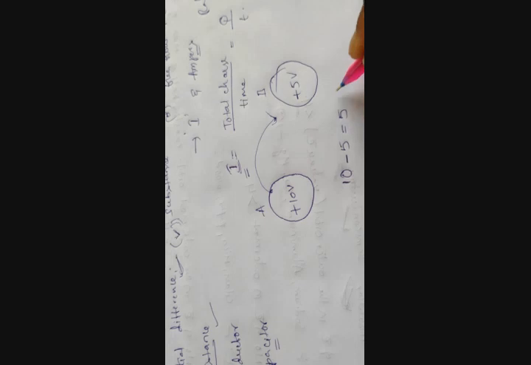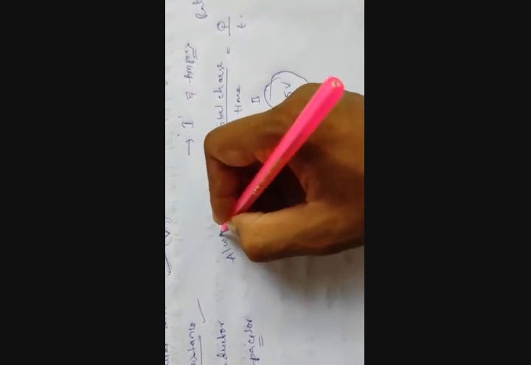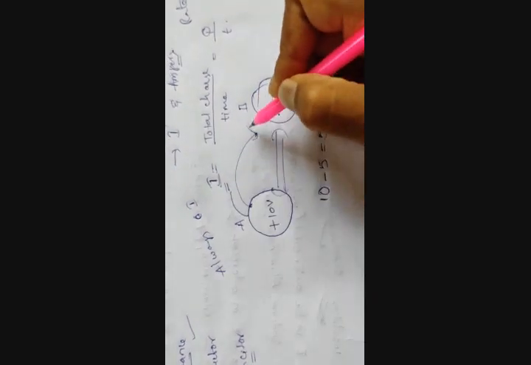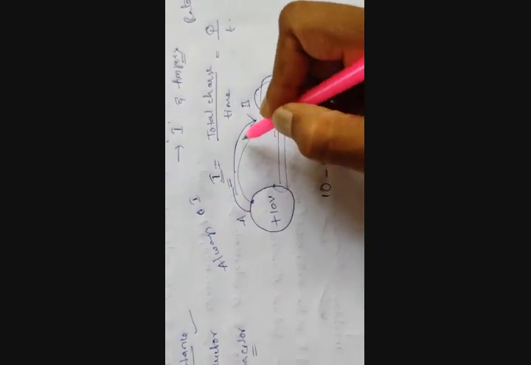This is A and this is B. The potential difference of these two charged bodies is 10 minus 5, that is equal to 5. Also, current always flows from higher potential to lower potential.